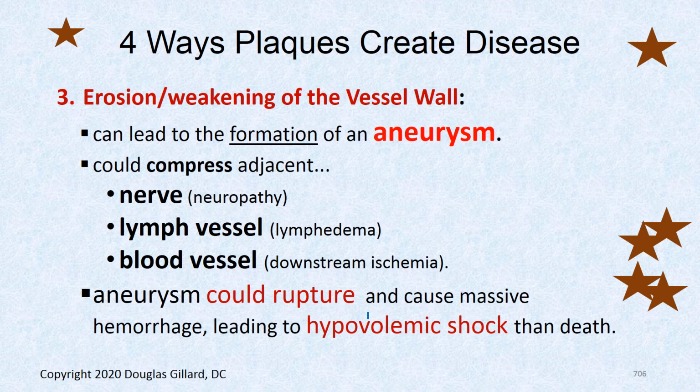Maybe it compresses a lymph vessel, which causes lymphedema. Maybe it compresses an artery next to it and causes downstream ischemia of that artery. So it can be pesky. The beaver dam or the bulging can compress other things.